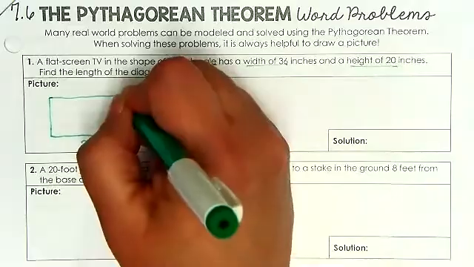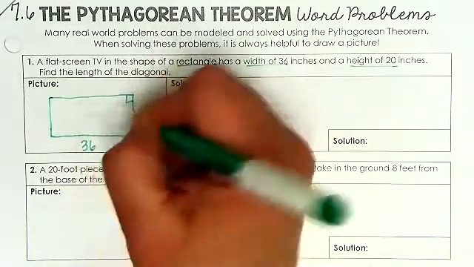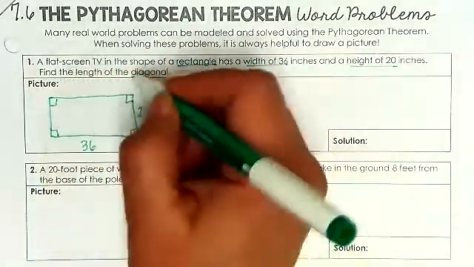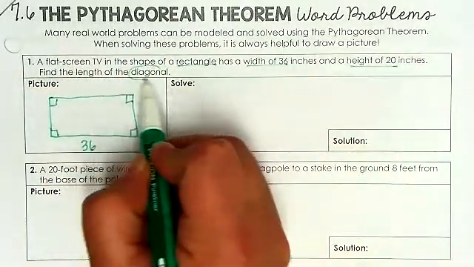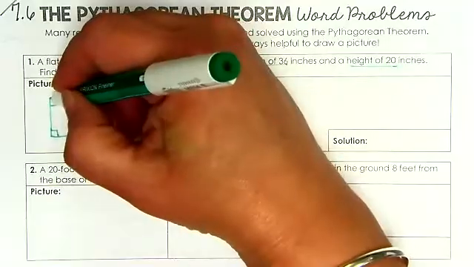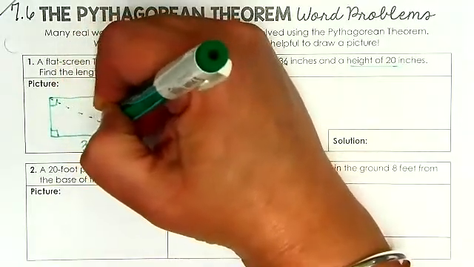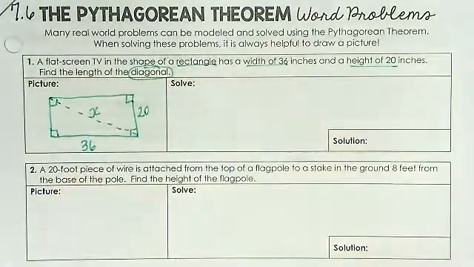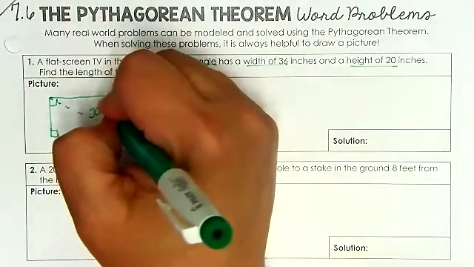Remember, rectangles make right angles at every corner. Find the length of the diagonal. The diagonal is from opposite corner to opposite corner. So this is what I'm looking for. So in a sense, I'm looking for C.